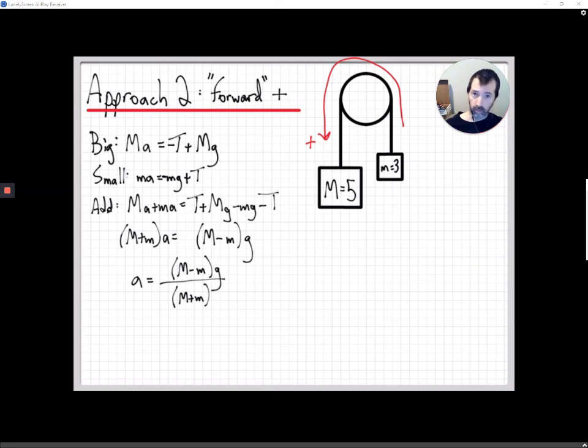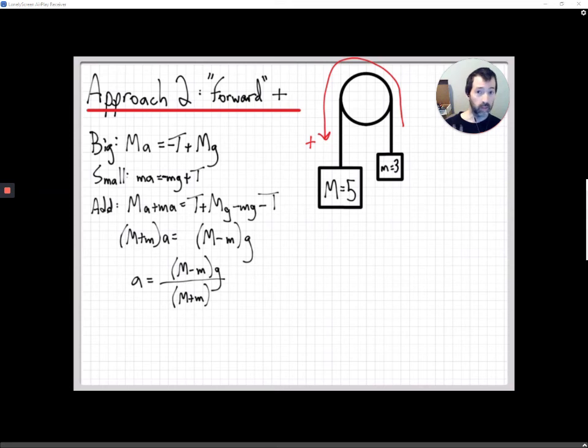So it should come out positive, and that's what I've got now that I fixed my mistake. So this method is a little bit easier than the first one I showed you, because I don't have to have that extra statement with the two separate accelerations, where I define one acceleration to be the opposite of the other. It's a little bit easier to keep track of.